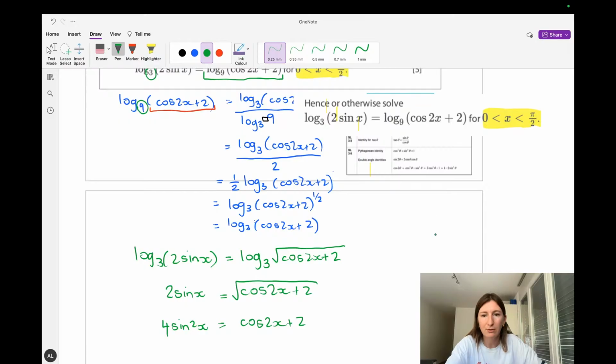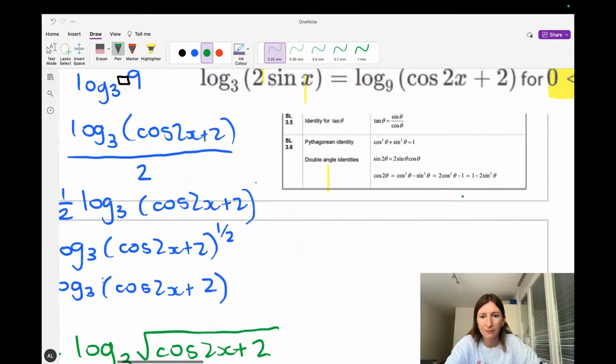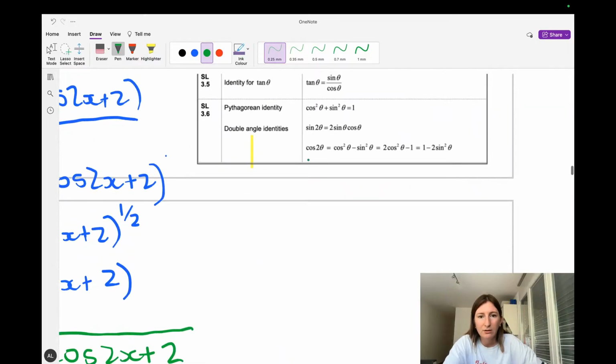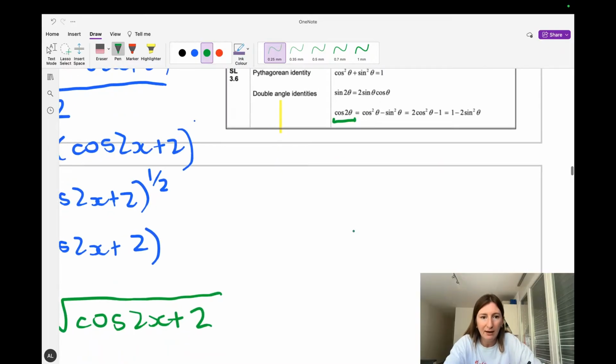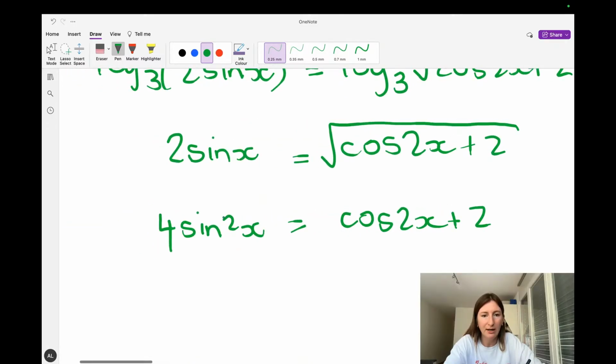So we go to our formulas here. Let's see, cos 2x, there we go. We need to use one of these. Well, what do I already have? I already have sine squared x.